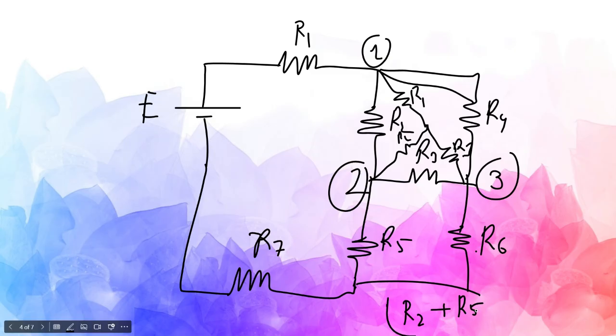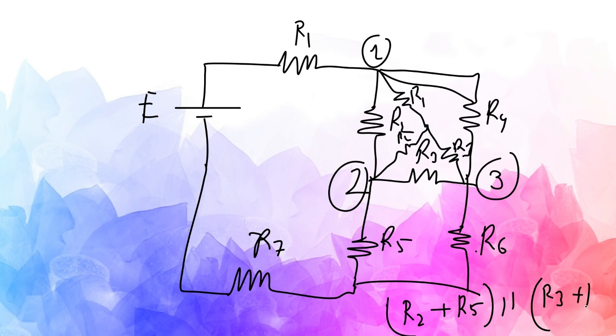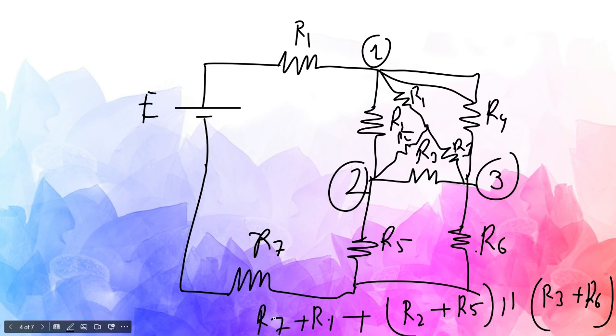R2 plus R5 should be in parallel to R3 plus R6. With this, R1 will be in series, so it can be added. And also R7 will be in series. So this is a very simple circuit to find the equivalent resistance.